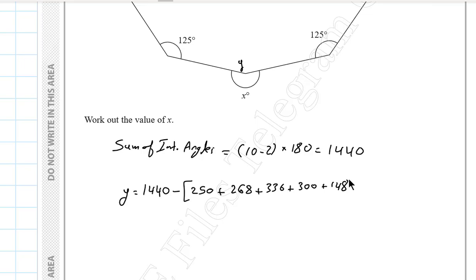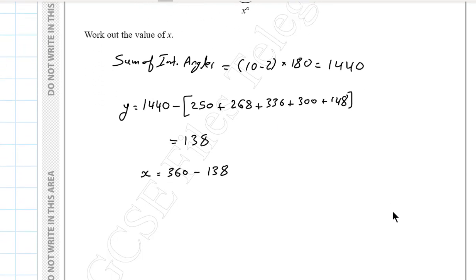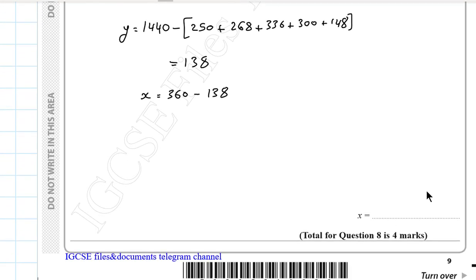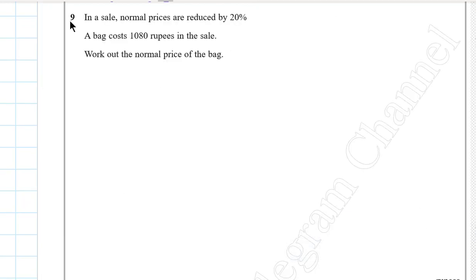Okay, the answer will be equals 138. So x should be 360 minus 138, which is 222. 222 degrees.